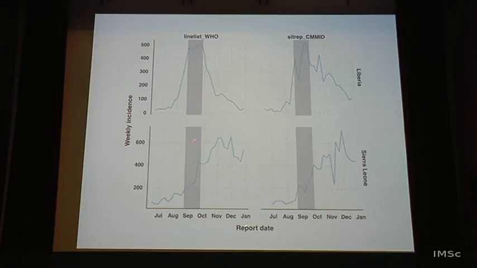And this shaded area, what does it correspond to? The beginning is the data. When he fitted his model, he fitted up to this time. And this is the time between the last data point he fit and the moment the paper was published. So you see that this period of one month was quite key for the Liberia dynamics, because that's when the epidemic turned after such a big increase.